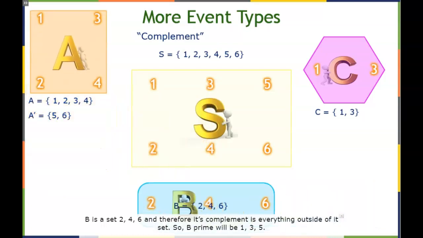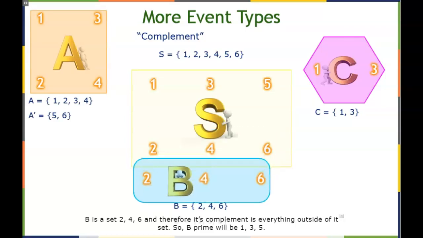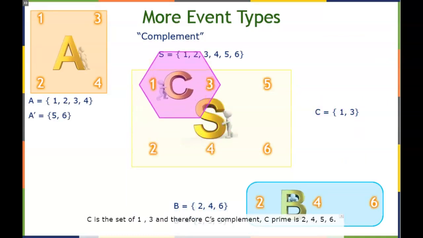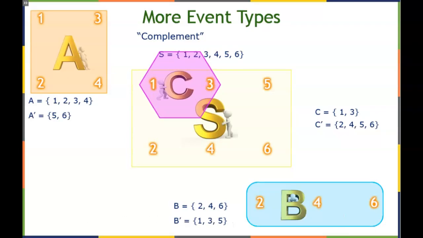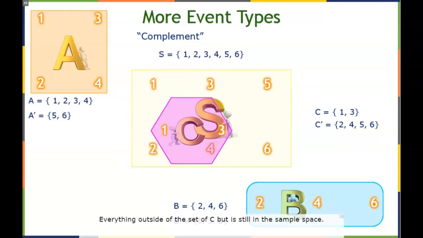B is the set 2, 4, 6, and therefore its complement is everything outside of its set, so B prime will be 1, 3, 5. C is the set of 1, 3, and therefore C's complement, C prime, is 2, 4, 5, 6, everything outside of the set of C, but is still in the sample space.